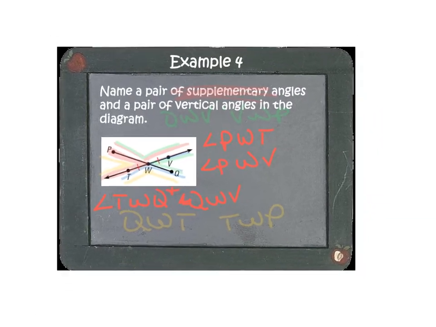All right. I'm going to erase here on my picture so I can highlight again. Anybody remember what vertical angles are? Everybody remember that? Tell me some up here. PWV and TWQ. Good.